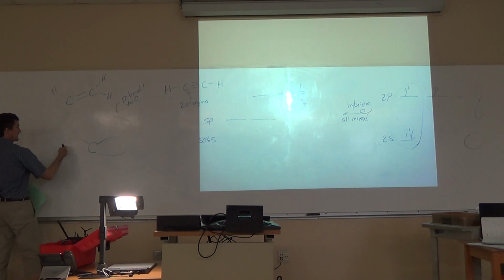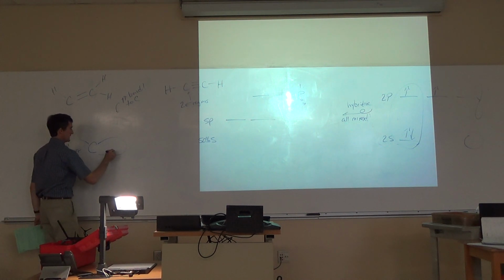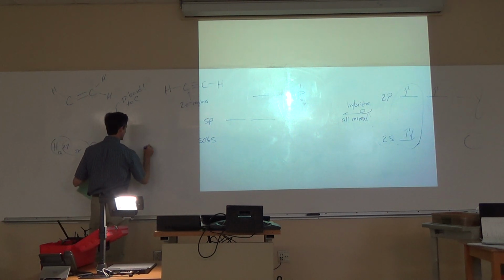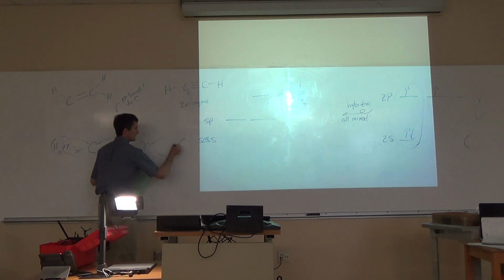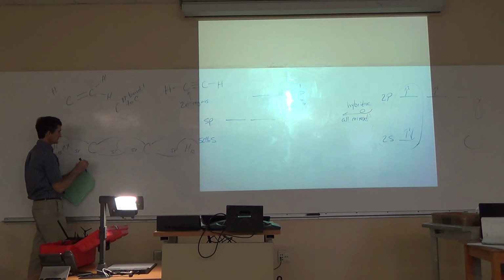That guy. What is this one interacting with? H. Right? 1 electron from carbon, 1 electron from H interacting. That's a 1s, and this is an sp. What is this one interacting with? We've got an identical carbon over here. This carbon also has 2 hybrids. sp and sp. The one on the end is interacting with an H, 1s, 2 electrons.